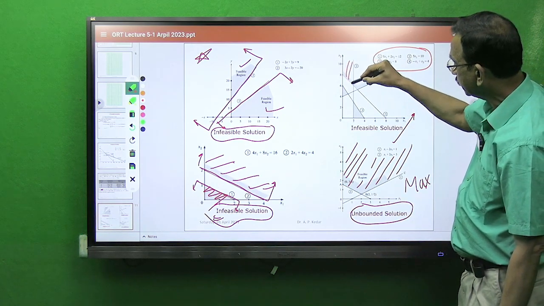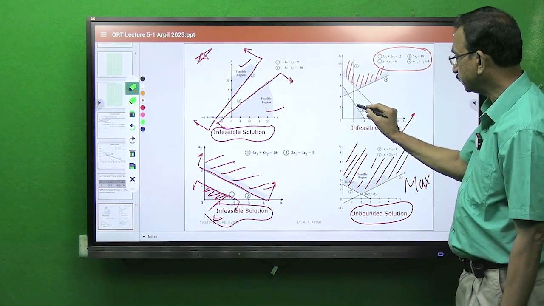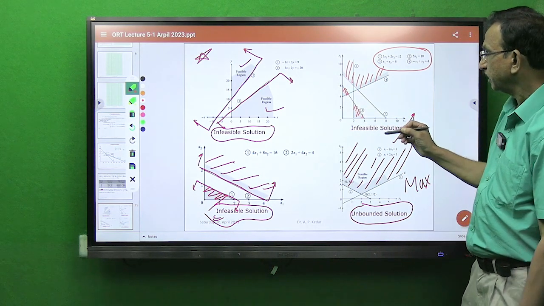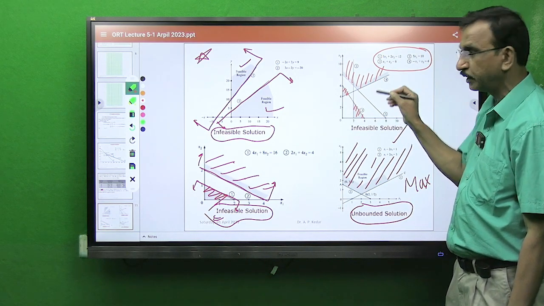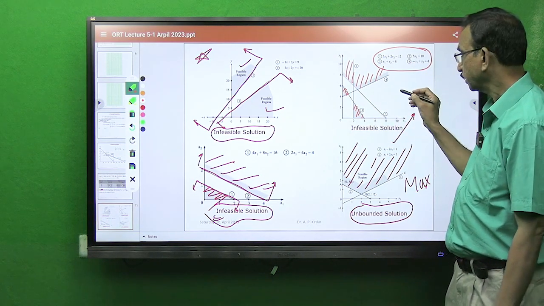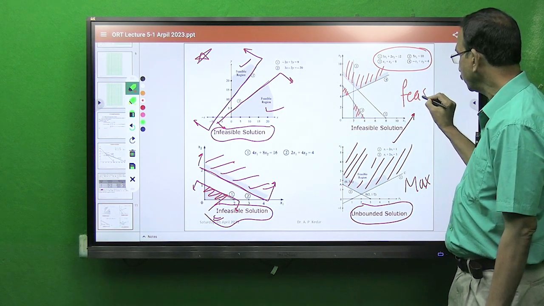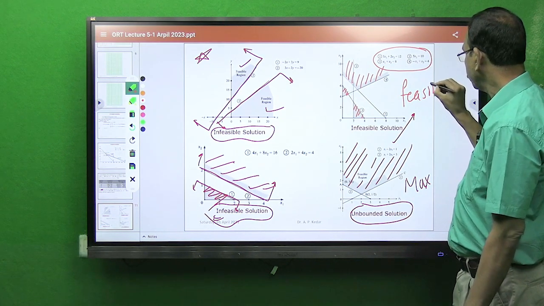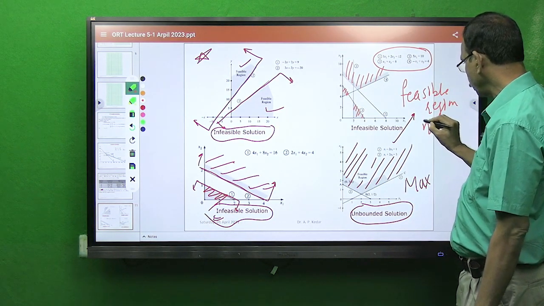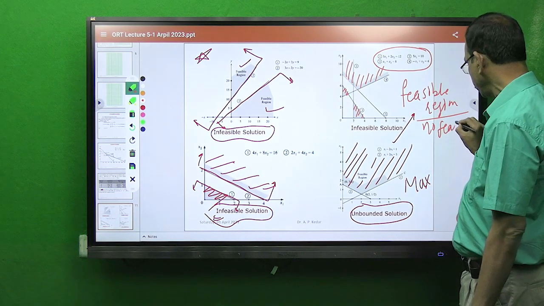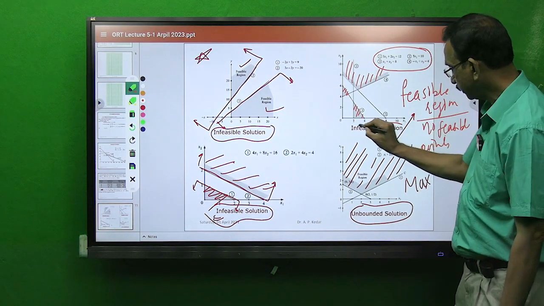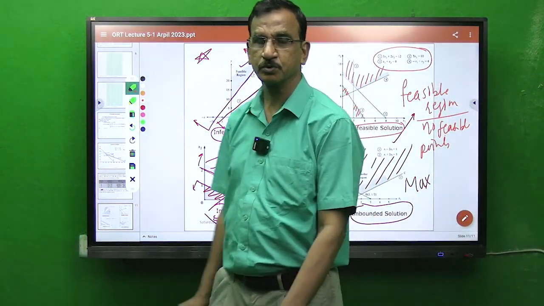One constraint is showing this area, other constraint is showing this area, third constraint is showing this area, and constraints are not satisfying individual area shown by the lines, and therefore you cannot get a confined feasible region, and therefore no feasible points, resulting towards infeasible solution.